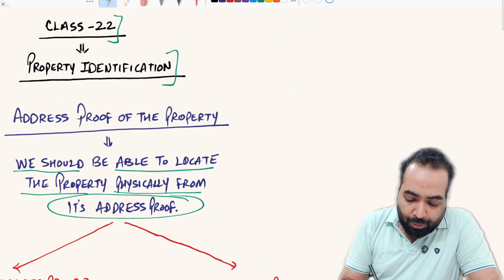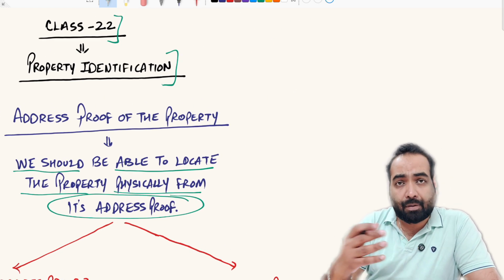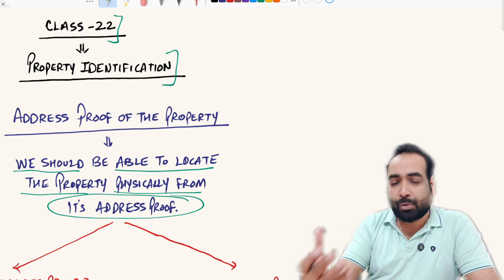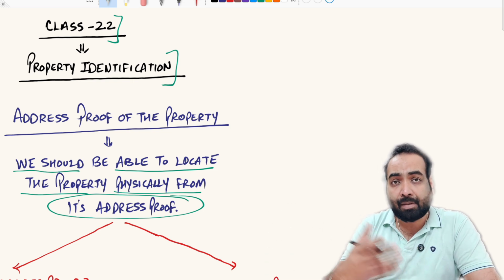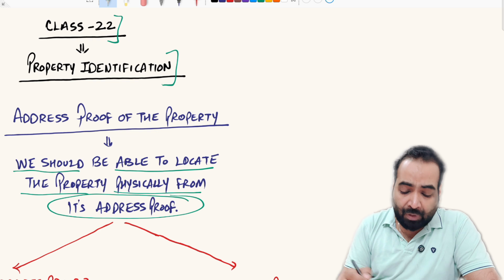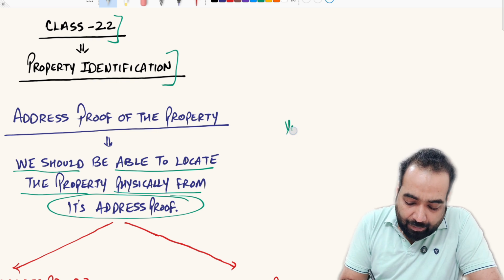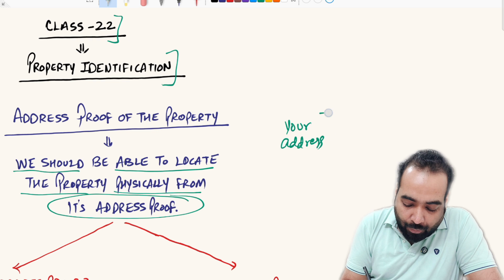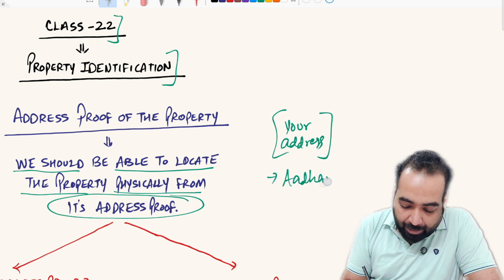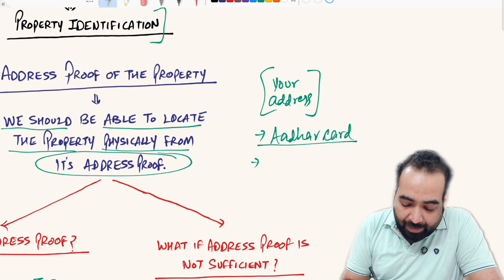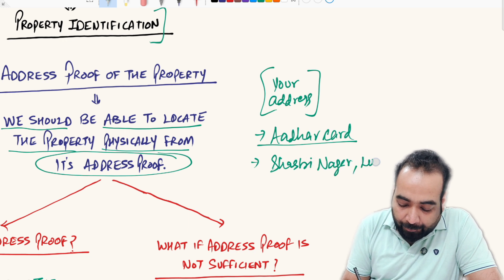Assume you are having some post coming from someone, some Amazon parcel coming for you, and you have your address on your government KYC document. For example, in India it is the Aadhaar card, which mentions that your home is located in the area Shastri Nagar, Ludhiana.